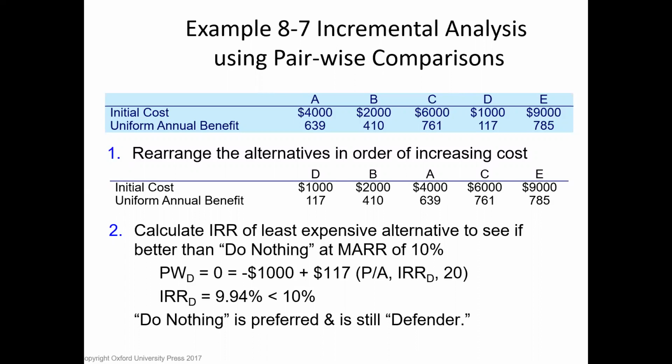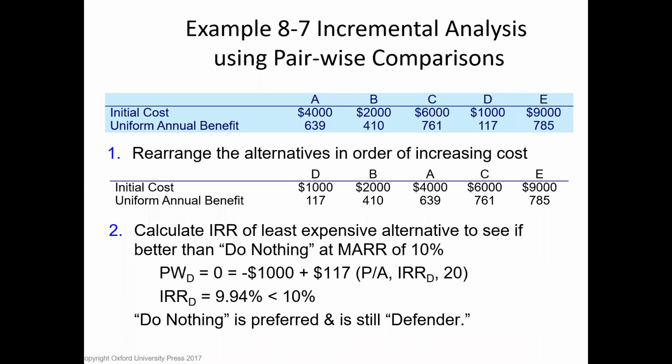They generate different annual benefits, obviously, because they're not all the same products or the same investment alternatives. If we want to do pairwise comparison, we first rearrange the alternatives in the order of cost, either increasing or decreasing. In this case, we've shown it increasing. You can see that D ranks first because it's the cheapest alternative, followed by B, followed by A, followed by C, followed by E. The uniform benefit also, notice, is incremental according to the same order.